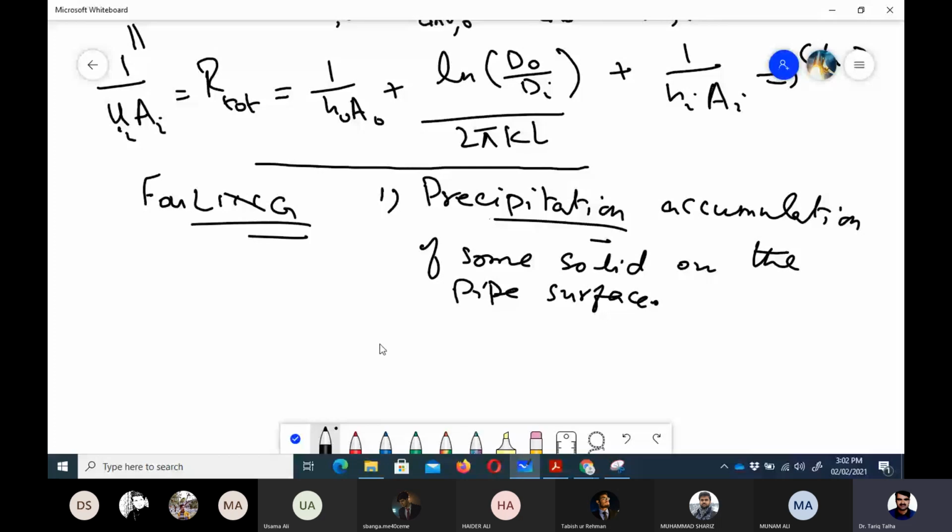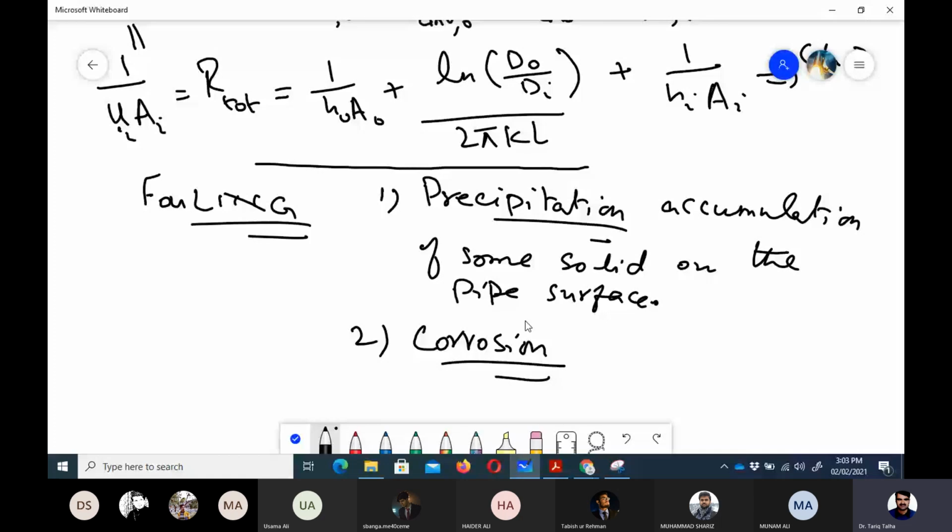Then the second one is chemical fouling, or we also call it corrosion. Corrosion phenomena are quite evident, and we can see them on the pipe surface. Whenever we pass hot, very warm water through some steel pipe, there is always a possibility of corrosion. That happens with the passage of time.